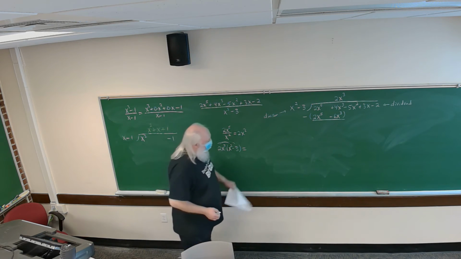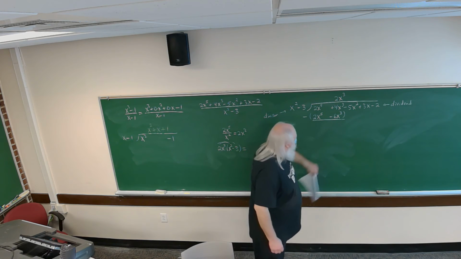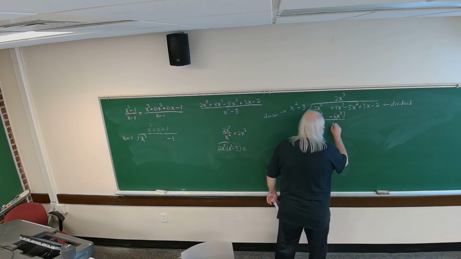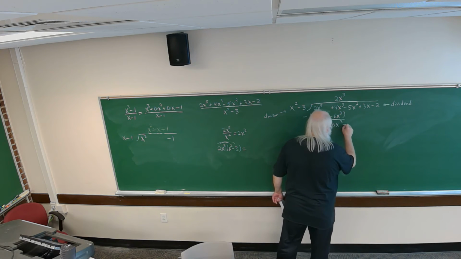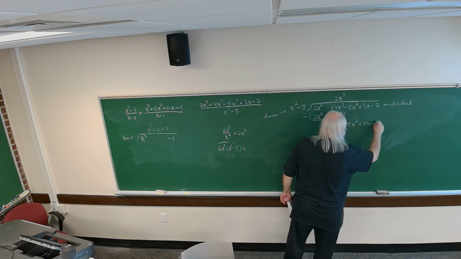2x to the fifth minus 2x to the fifth is 0. 4x cubed plus 6x cubed is 10x cubed. We bring down the minus 5x squared plus 3x minus 2.